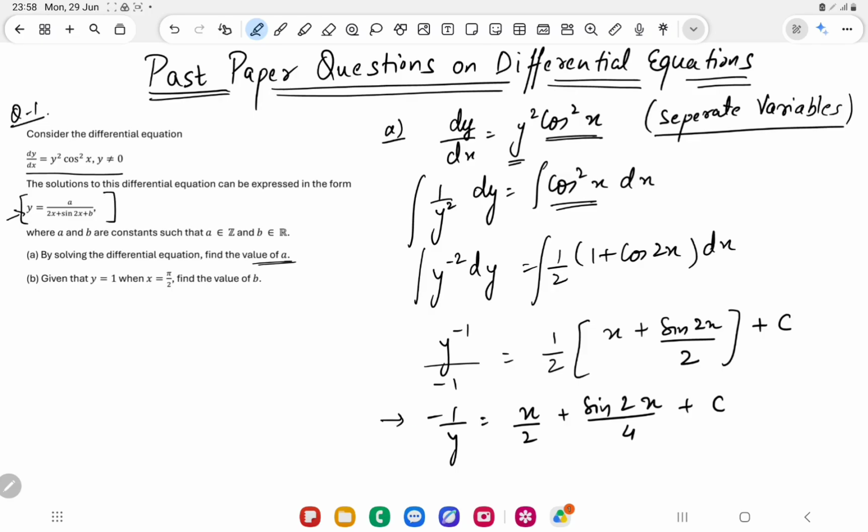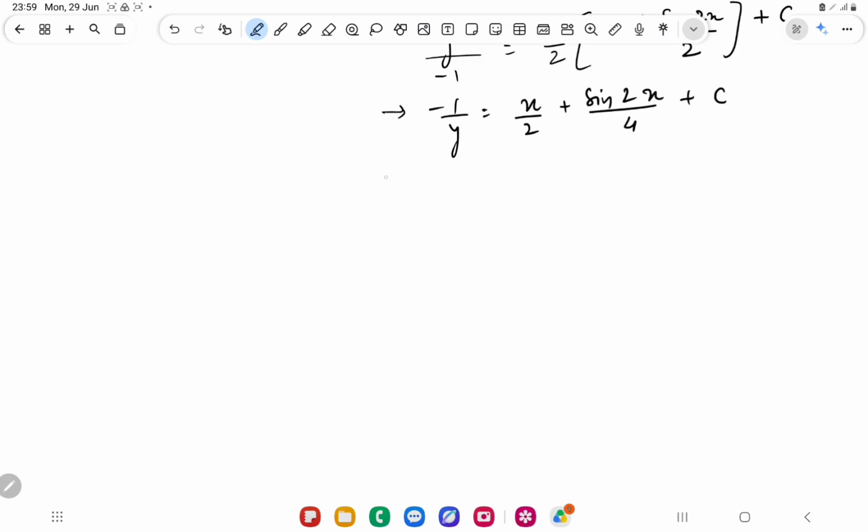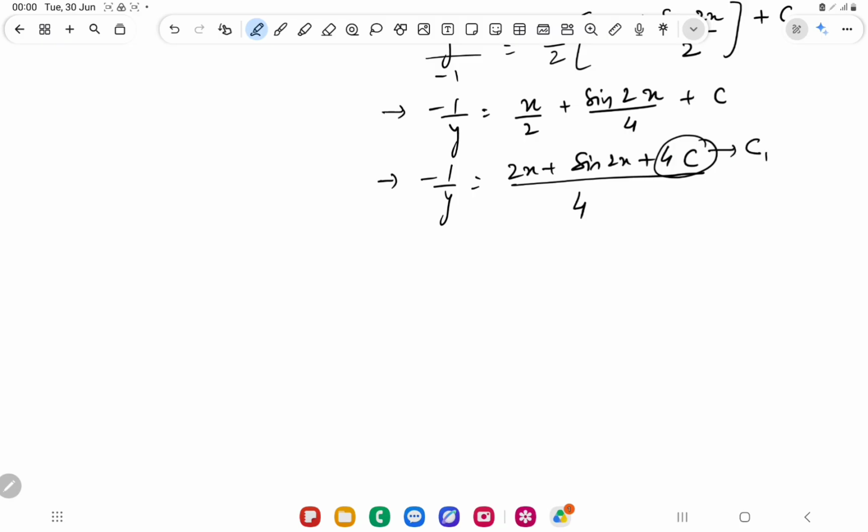So I have to change this. Now for this I can take LCM 4. So this becomes 2x plus sin 2x plus 4c, and because 4 is also a constant and c is also a constant, I can write another constant as c1. Now from this I can interchange the place, so it will be minus 4 upon 2x plus sin 2x plus c1.